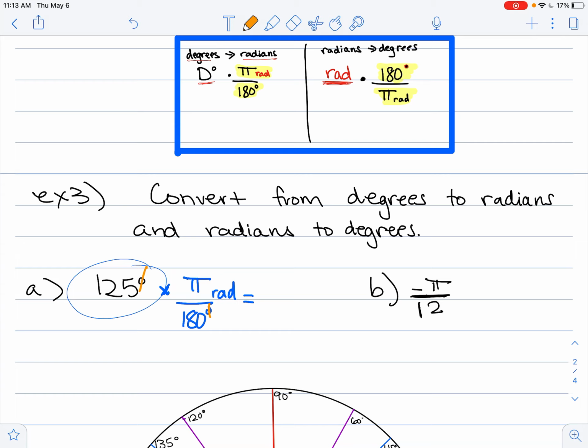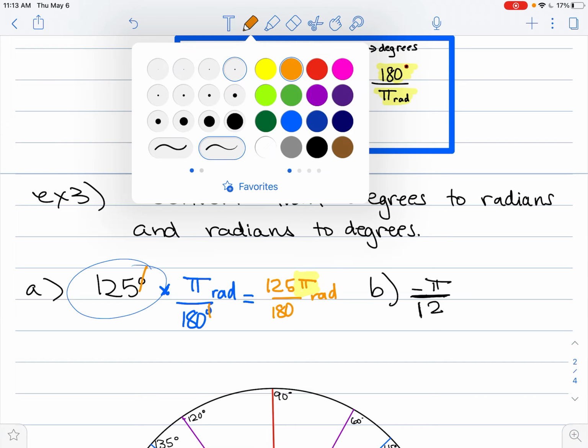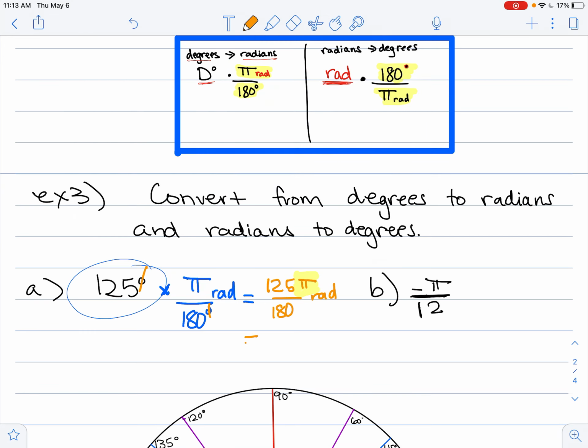And then we get 125 pi over 180 radians. Now I want you to leave this pi alone for now and just simplify the 125 over 180. And when we do that, we can reduce that fraction to 25 over 36 pi radians.